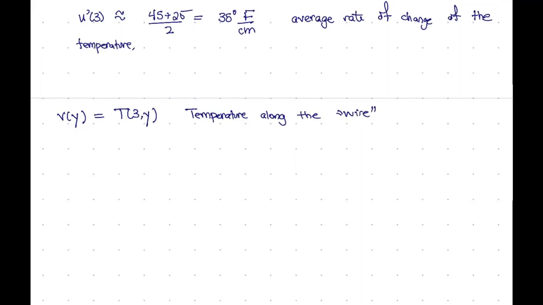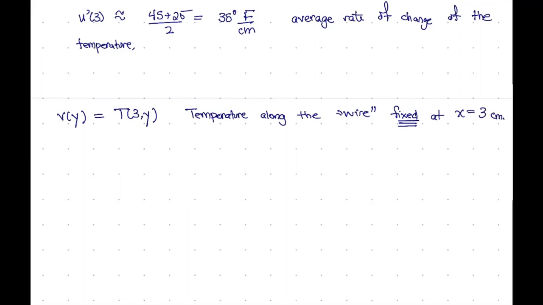It is not really a wire, it's just a mental construct because it's easier to imagine a straight line going down that path. And we're going to imagine the temperature along that particular wire that is fixed. And that's the key word. It is fixed at x is equal to 3 centimeters.